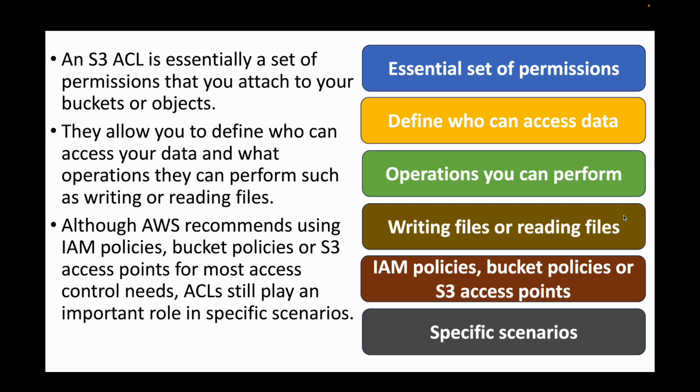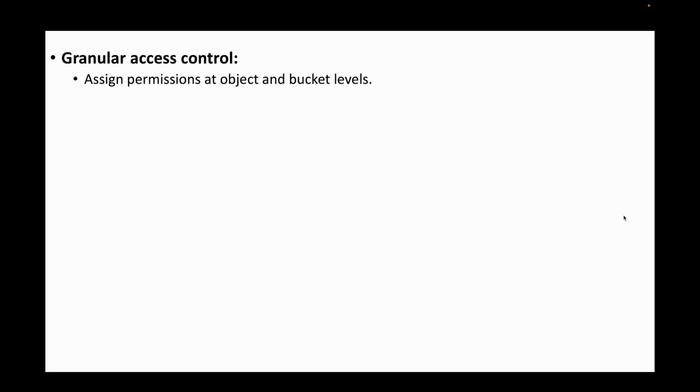However, there are certain scenarios where we can make use of ACLs to control access. When we talk about the features of ACLs, one, we can use them to provide very granular access control. We can assign these permissions at the object as well as the bucket level.